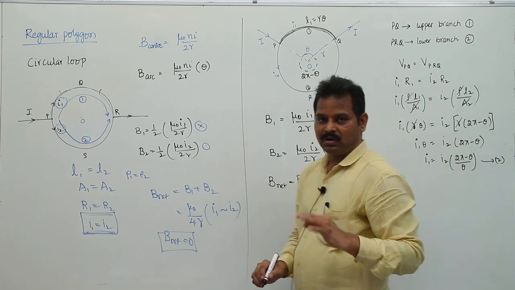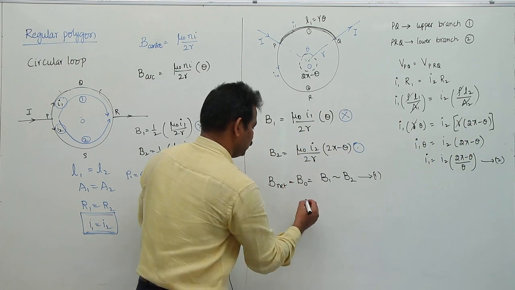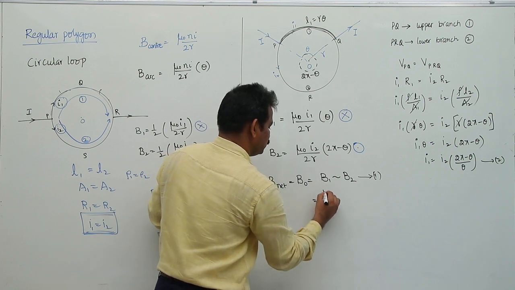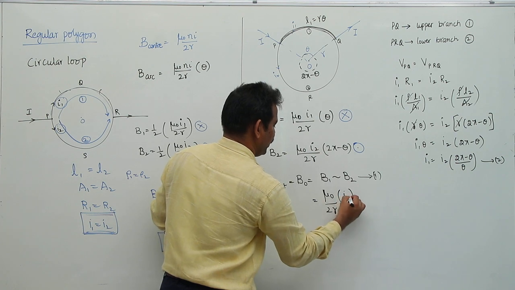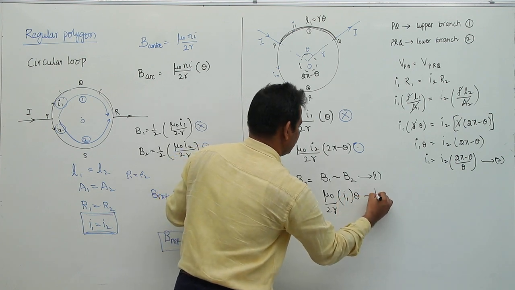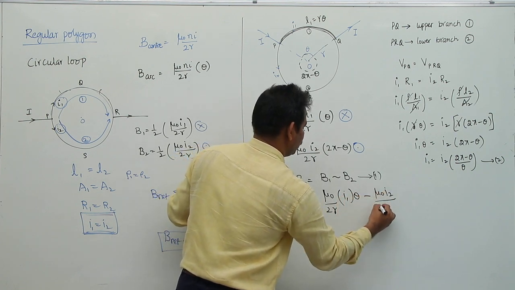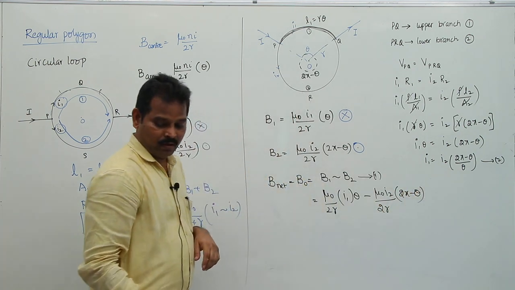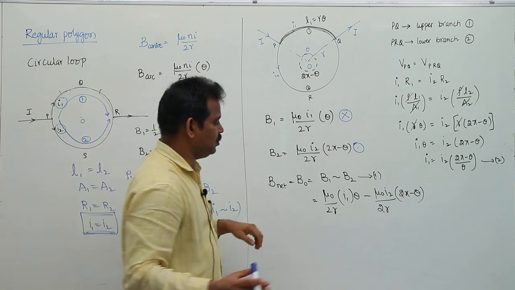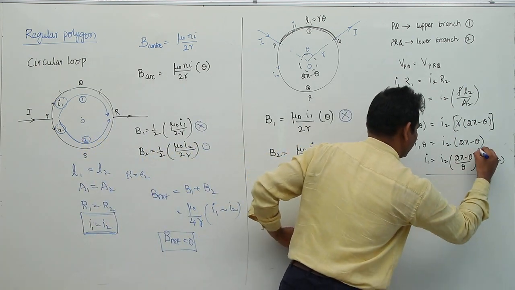Now you can substitute that I1 value in this equation. I am going to write B1 is equal to mu naught by 2R into I1 into theta minus mu naught into I2 by 2R into 2 pi minus theta. Now let me substitute the I1 value here, because here I got the relation between I1 and I2.